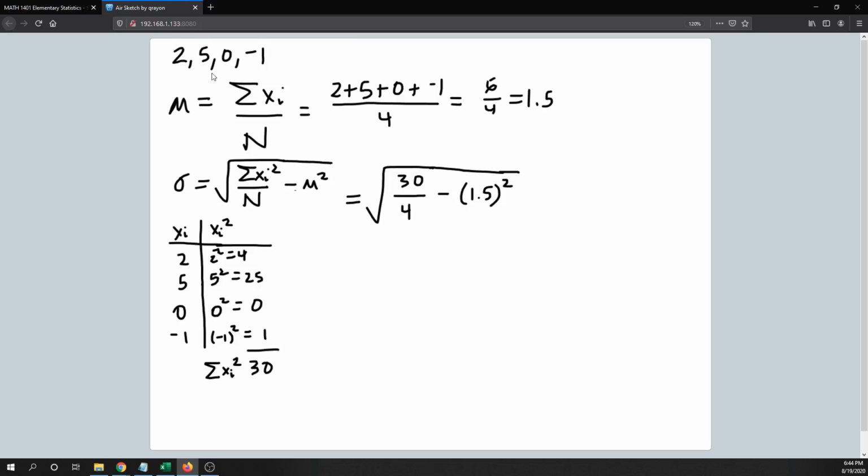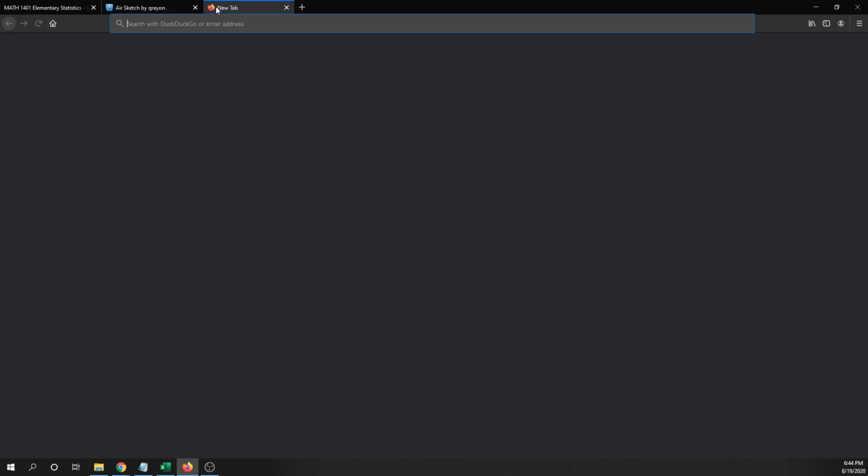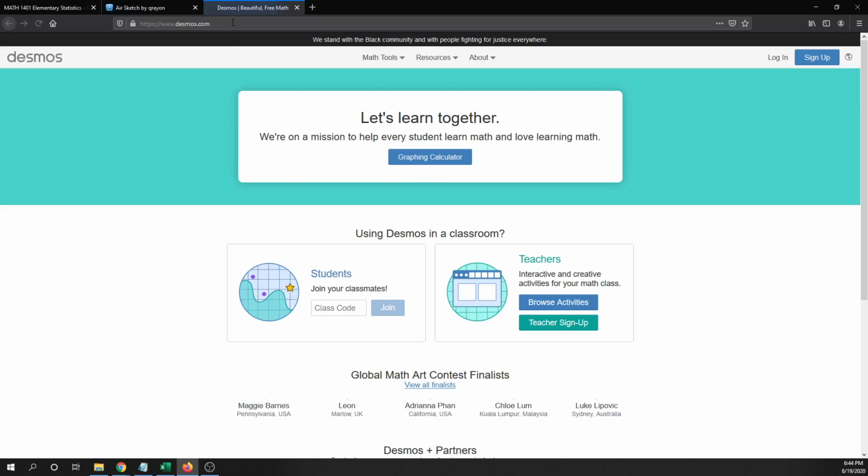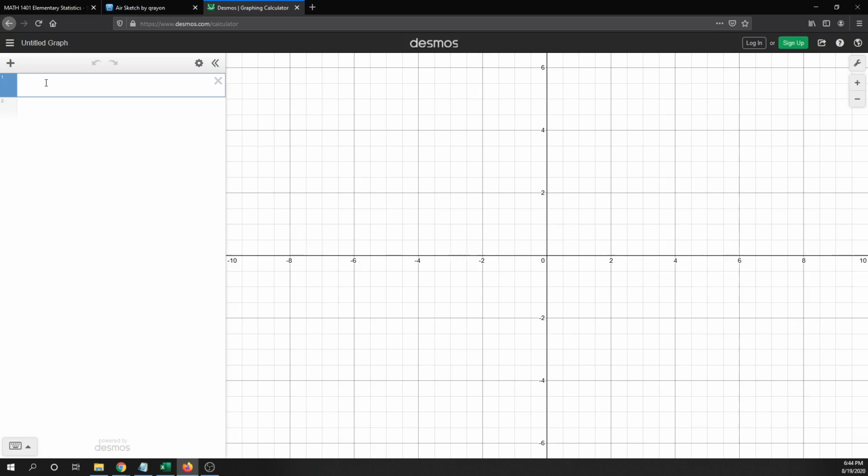Okay, and then what we would do is just punch that into the calculator. Remember, do not round these intermediate calculations off, because if you do that, you are going to get some error in your calculations.